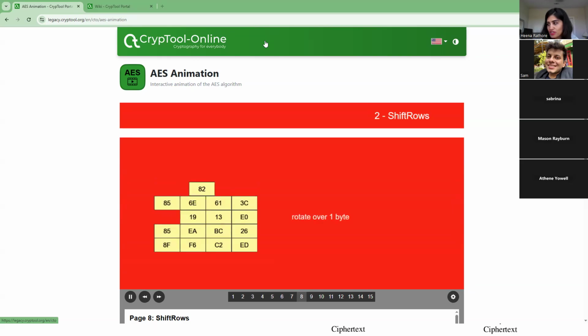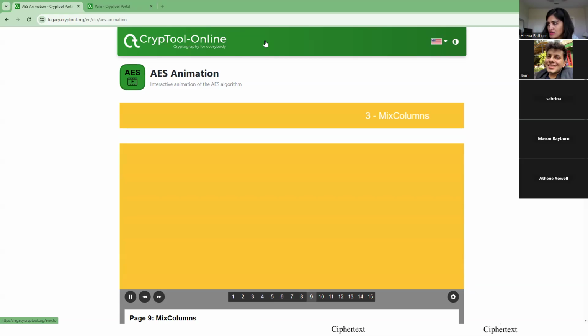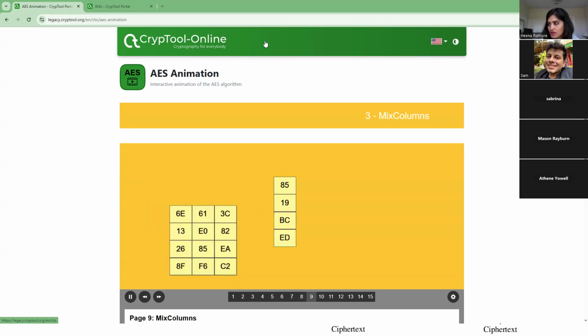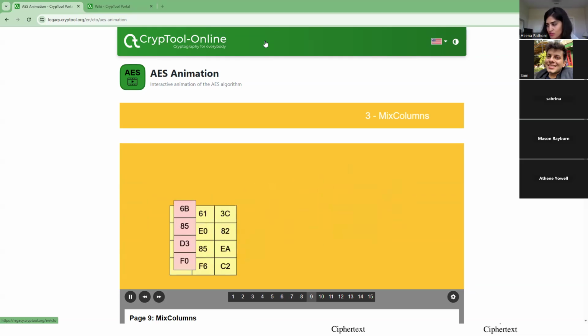This is the shift row operation, where they shift or rotate these over 2 bytes. And this is a three byte rotation. Now is mixing column, where they mix it with your constant matrix, which is also created by Galois field.